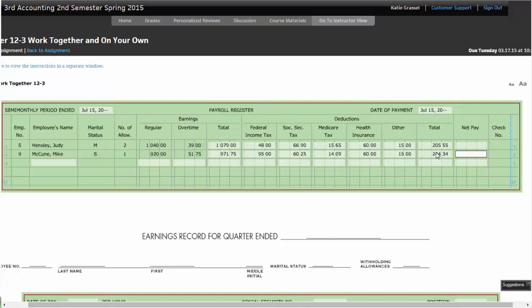My deduction total of $205.55, and that's going to give me my net pay. Oh, I added instead of subtracting.